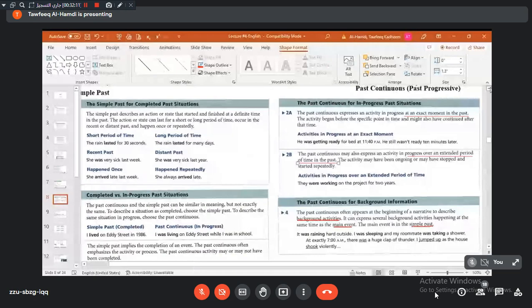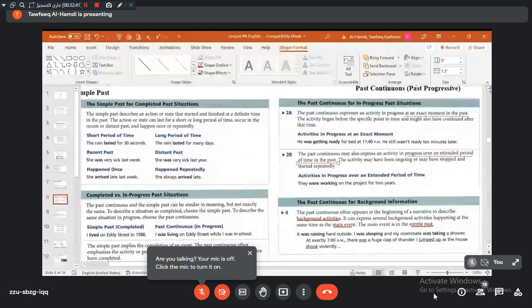The past continuous for background information. The past continuous often appears at the beginning of a narrative to describe background activities. It can express several background activities happening at the same time as the main event. The main event is in the simple past.